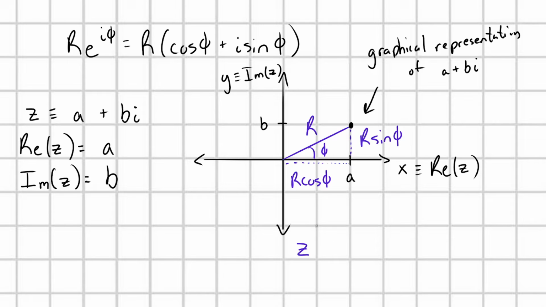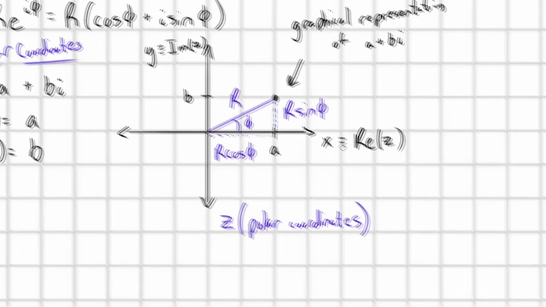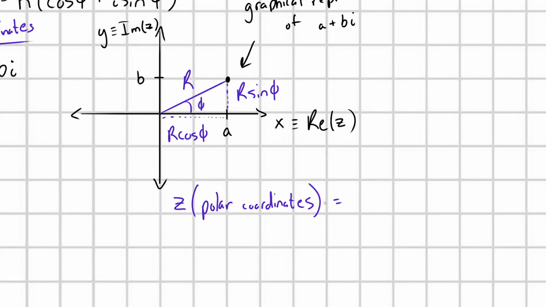I'm going to put just a little note that this is in polar coordinates, whereas before, to contrast this with the fact that up here we were just using rectangular coordinates, or Cartesian coordinates.